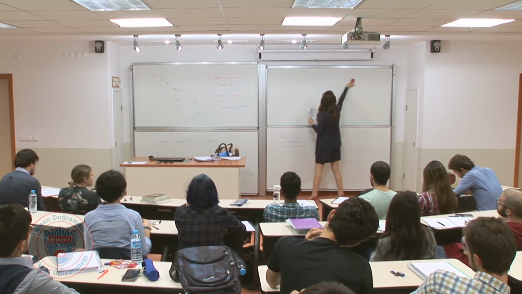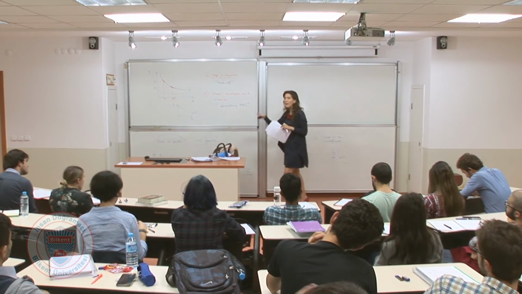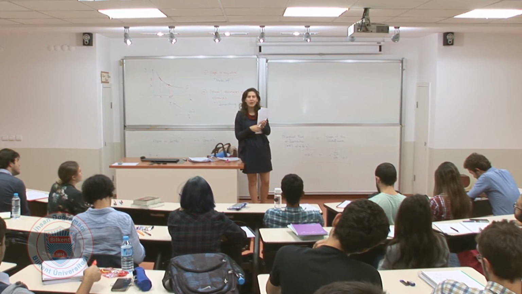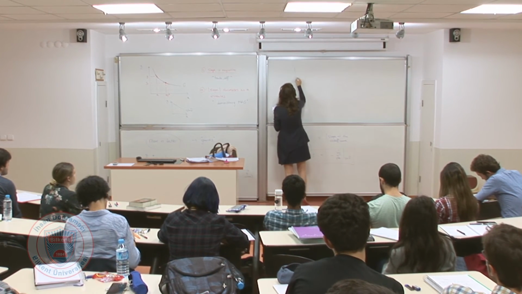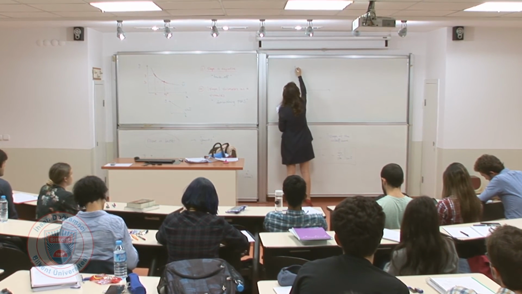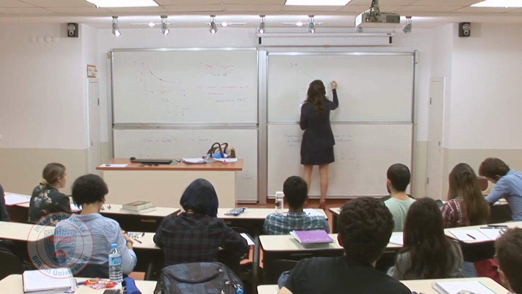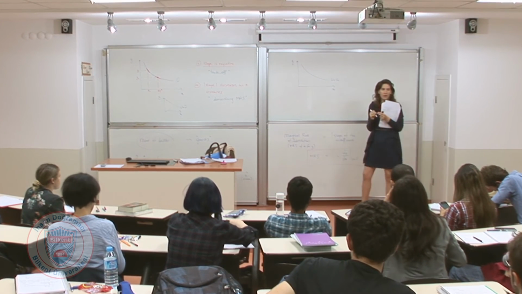Now, I drew this indifference curve for a utility level, u bar. But there are other utility levels, right? So how will I show them? Let's say this is good y, this is good x, right? I put my indifference curve, u is equal to, let's say, u0 level, okay?